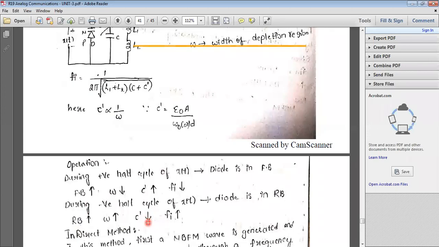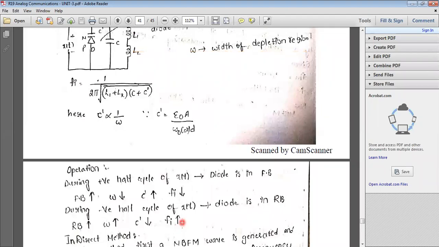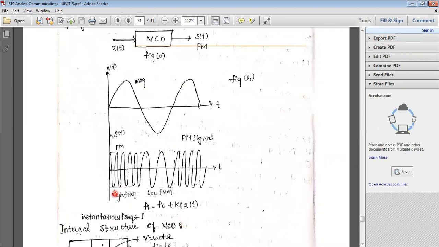Since C is in the denominator, when this parameter reduces, Fi automatically increases. So during the positive half cycle of the modulating signal, we get the increased frequency. If you observe the waveform, for the positive half cycle we get the high frequency signal.